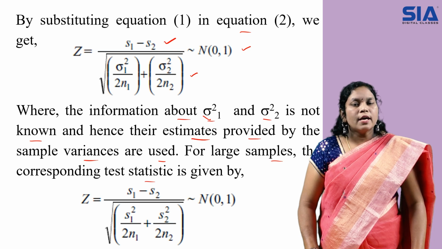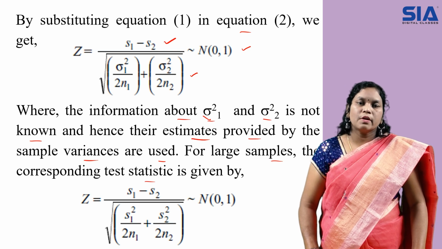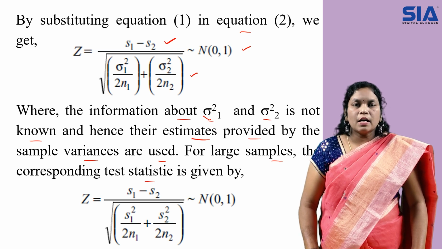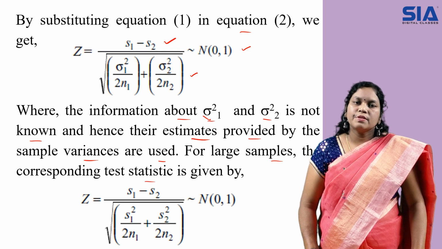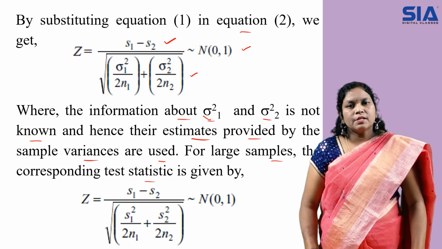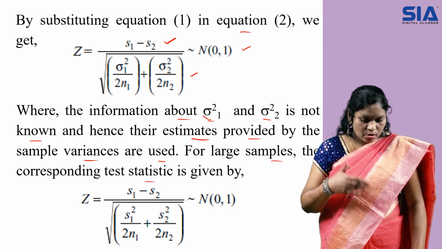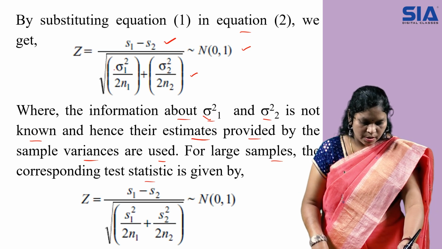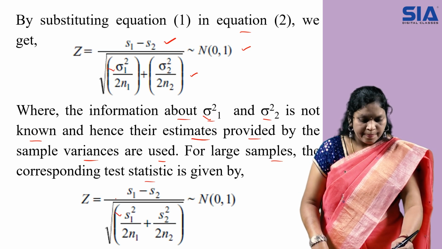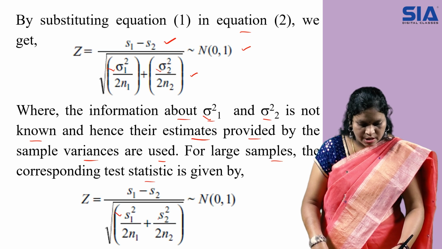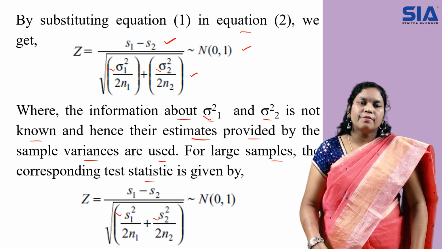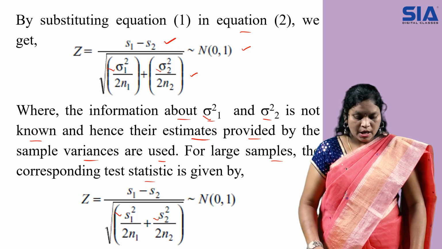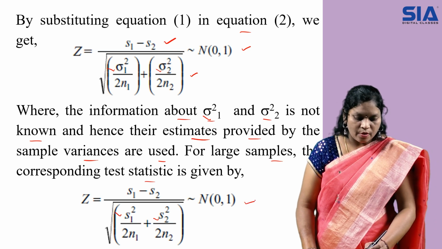I can rewrite sigma 1 square with S1 square, because for large samples we can consider the population values as sample standard deviations or variances. So the formula will change. Instead of sigma 1 square we write S1 square, instead of sigma 2 square we write S2 square. So that is your sample variances, we can resubstitute. This becomes one more formula.